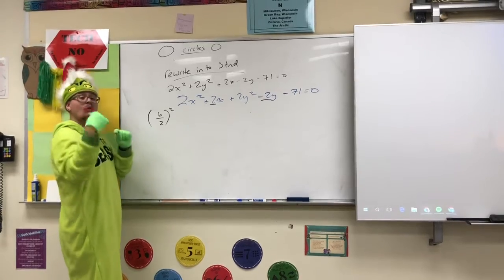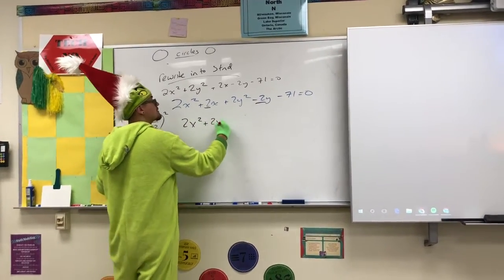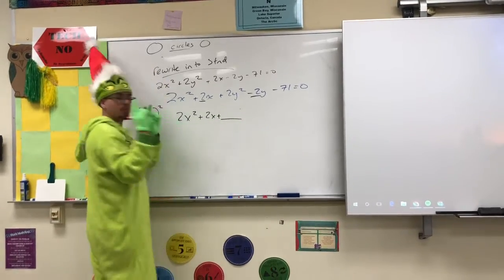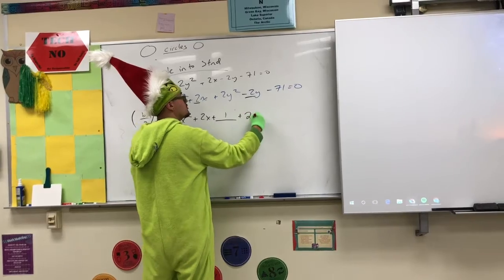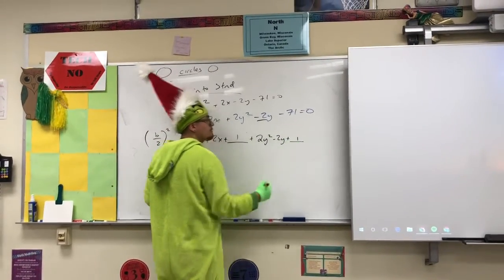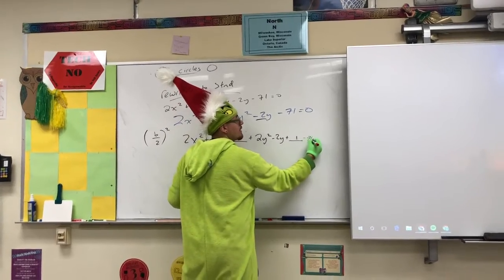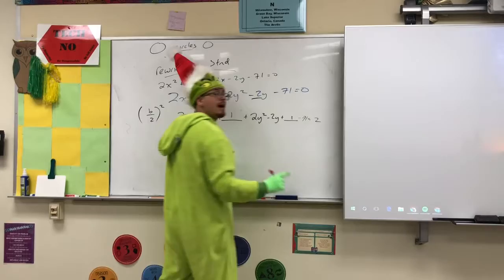So we're going to add 1 to both of these. It's going to be 2x squared plus 2x plus 1, and then the same thing for the y, 2y squared minus 2y plus 1. The negative 71 is still there, and then we have to add the 1 to the other side twice. So that's a 2 on the other side.